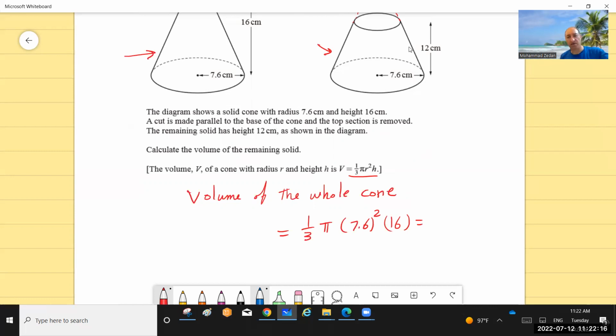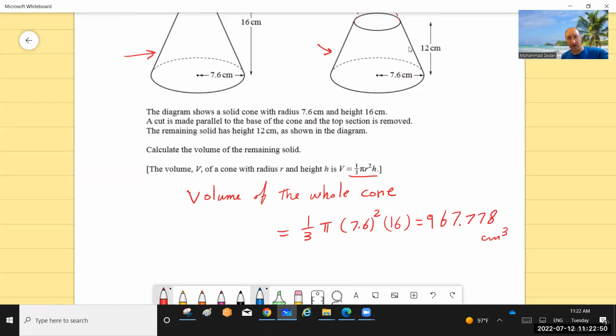You can use a calculator to solve it. 1/3 times pi times 7.6 squared times 16 gives you 967.778, about something like that, centimeters cubed.